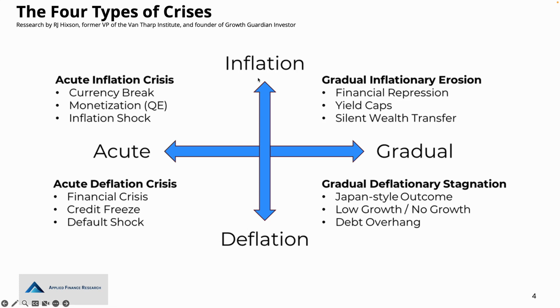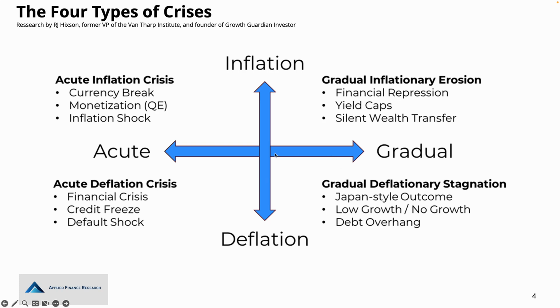The first is what's happening in the monetary world, and it runs from inflationary to deflationary. So on the inflationary side, governments print money or repress interest rates, currencies weaken, and prices climb. On the deflationary side, typically credit contracts, asset prices fall, and market liquidity tends to dry up.